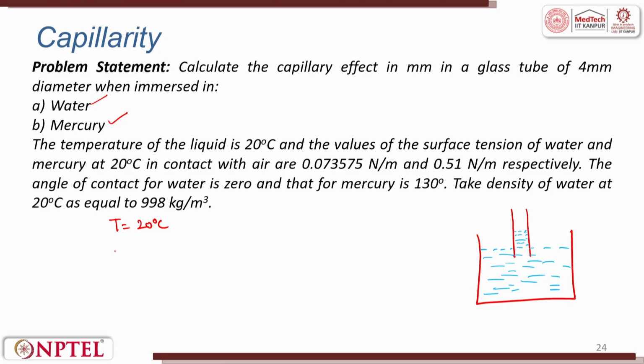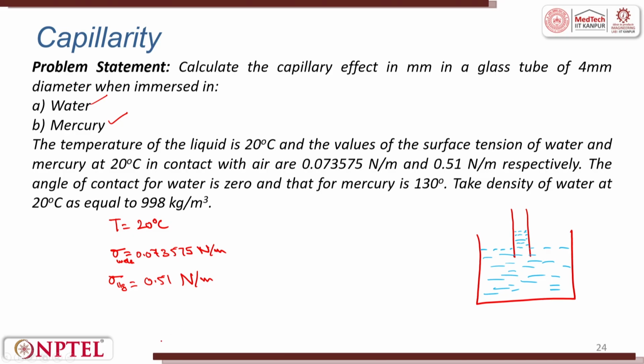0.073575 Newton per meter. This is sigma for water, and we have sigma for mercury, I will put sigma for Hg, that is given as 0.51 Newton per meter.